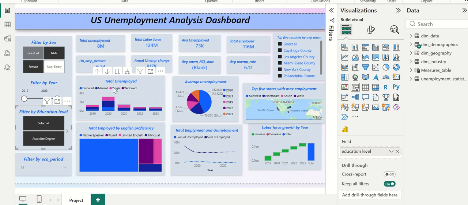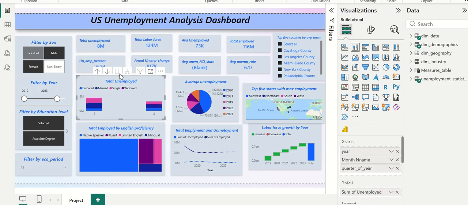So as we can see from the legend, this information shows the total unemployed people in this year, as well as the distribution of this data with respect to the categorical data like marital status. So this is a stacked bar chart. Then I can drill down to months or to quarters, or I can drill up months or years back. So drill down and drill up is possible here.